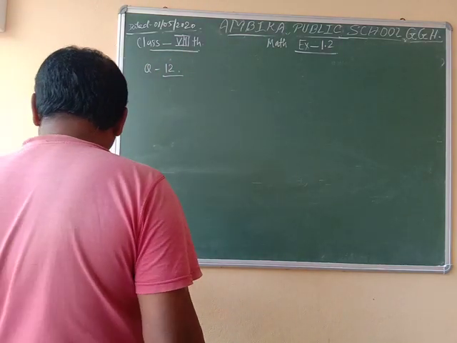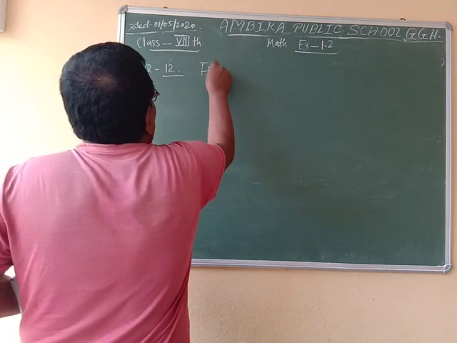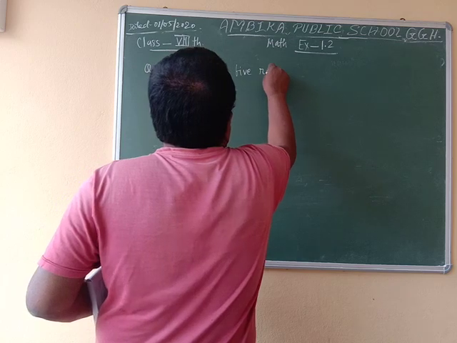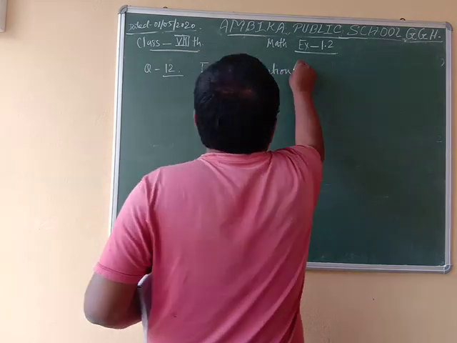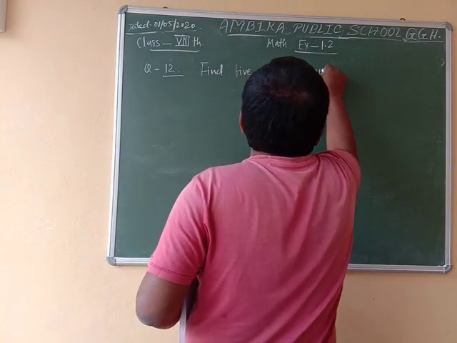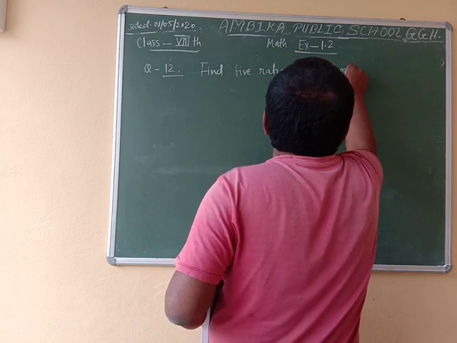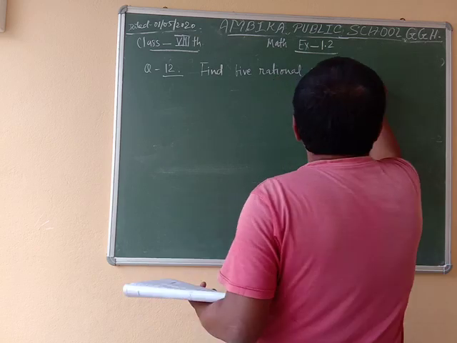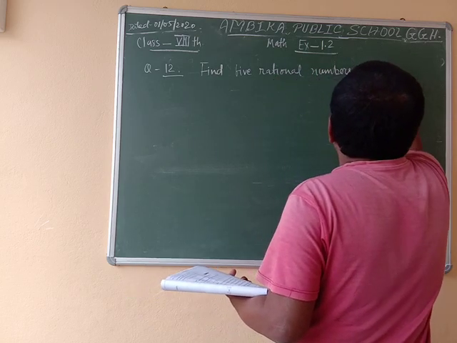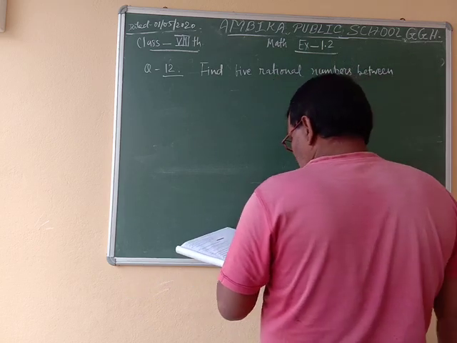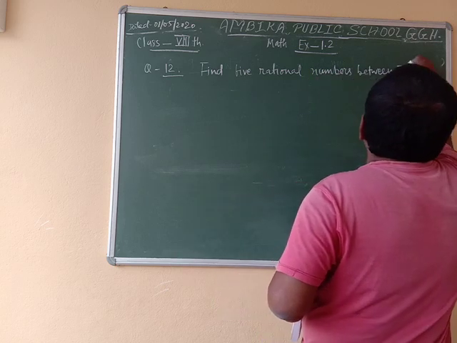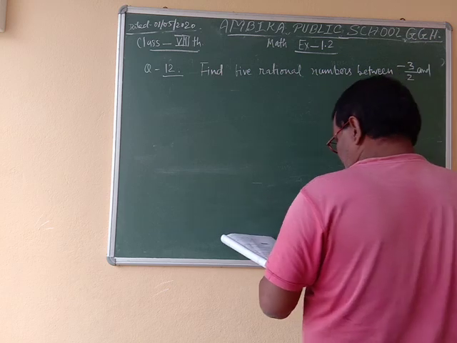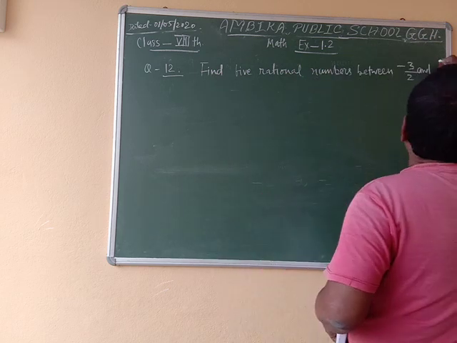Find 5 rational numbers between minus 3 by 2 and 5 by 3.